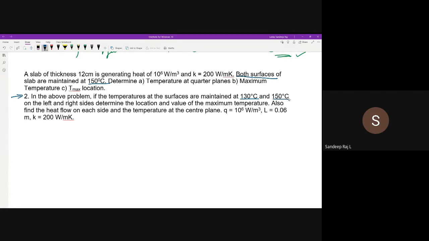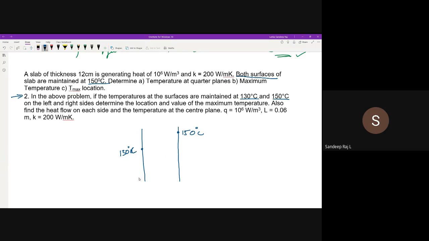And on the left and right sides is given. So if I have to represent it here, it's like this. Here it is 130 degrees centigrade. On the other side, it is 150 degrees centigrade.